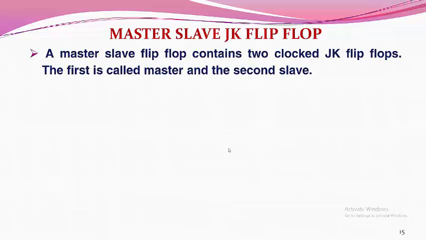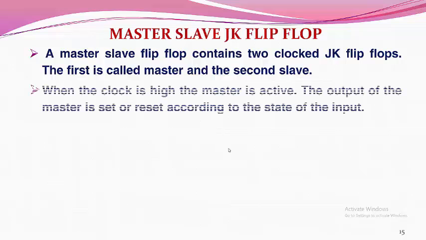Now we will see the last type of flip-flop, that is the master-slave JK flip-flop. A master-slave flip-flop contains two clocked JK flip-flops, and the first is called the master and the second is called the slave. When the clock is high, the master is active. The output of the master is set or reset according to the state of the input.